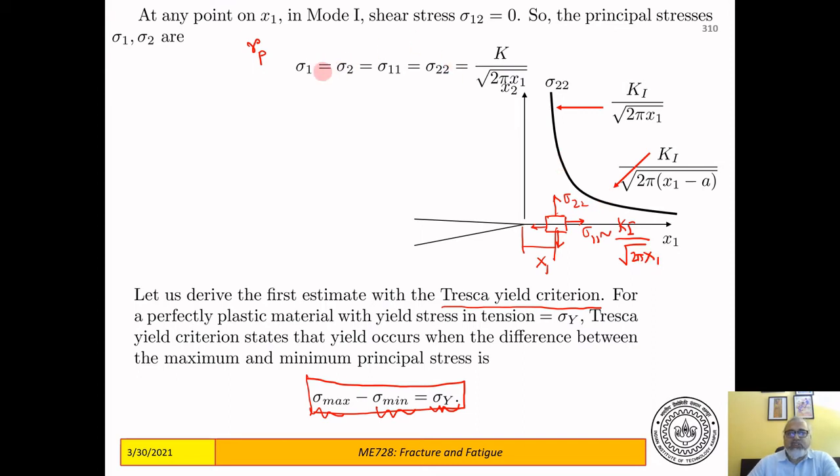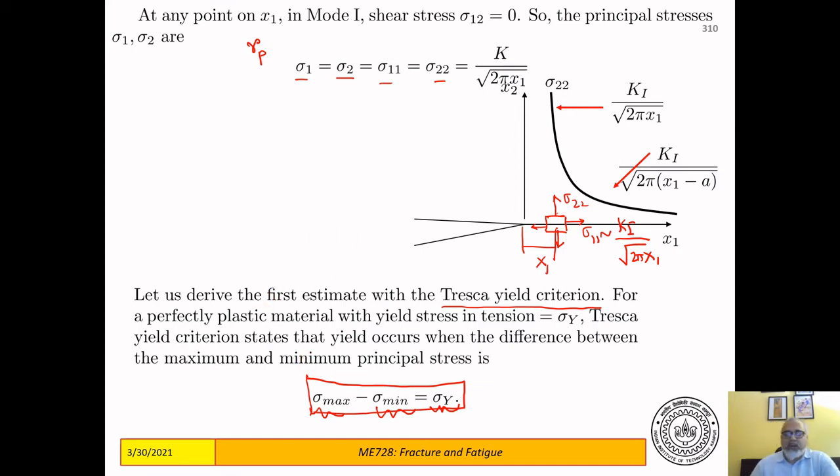There is no sigma 12, so these two are the principal stresses. Sigma 1 and sigma 2 both are the same, equal to K by root 2 pi x1. So sigma max is either sigma 1 or sigma 2, and it is equal to K by root 2 pi x1.